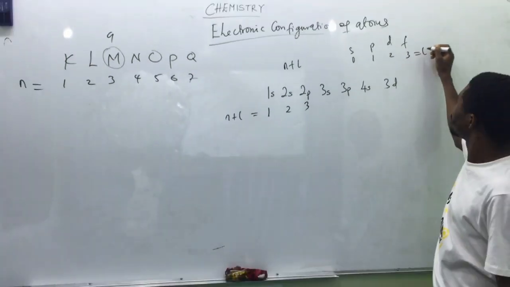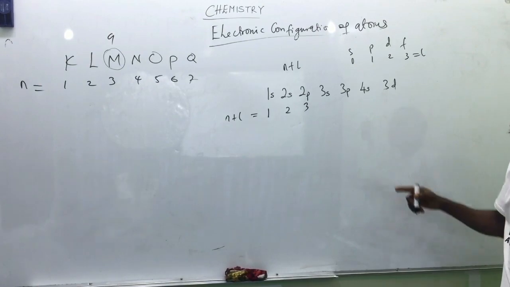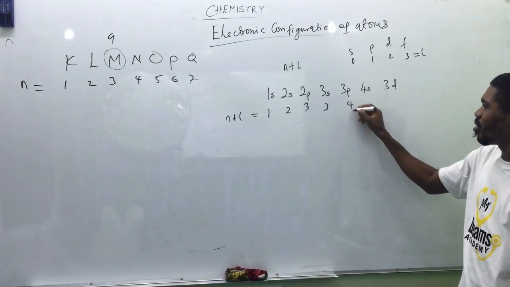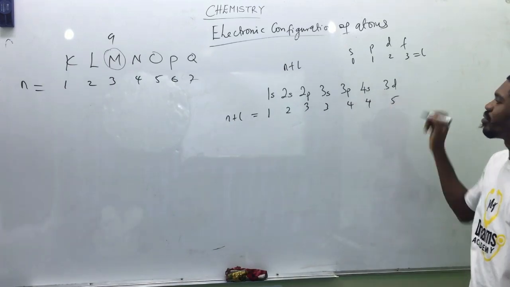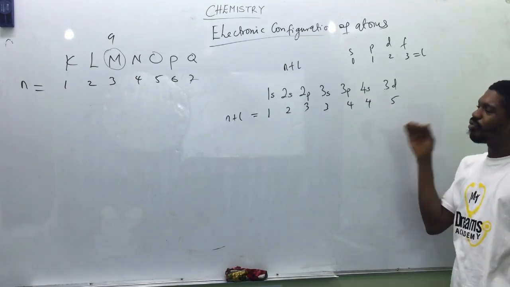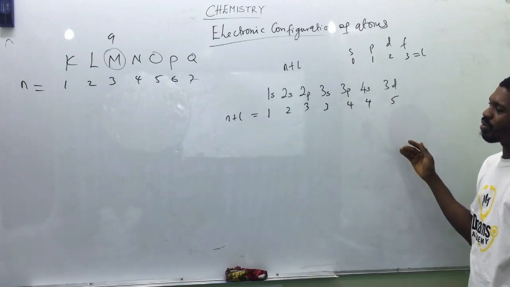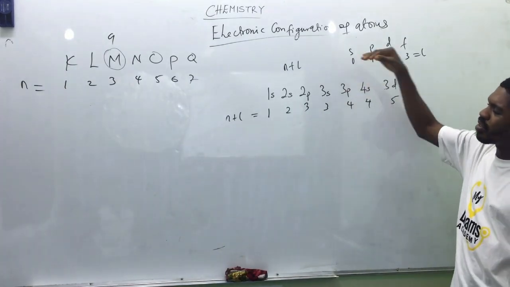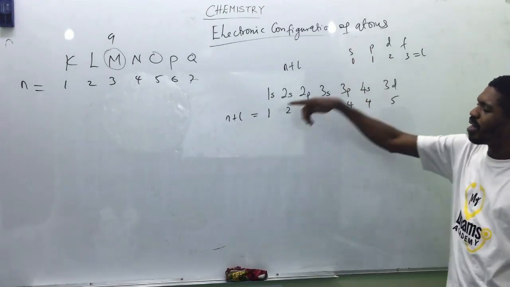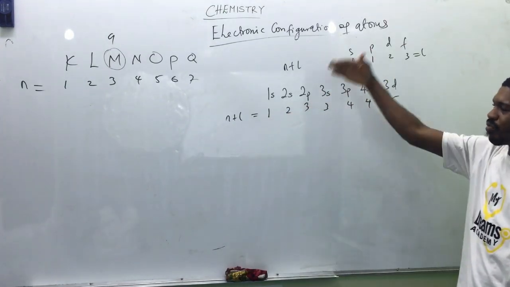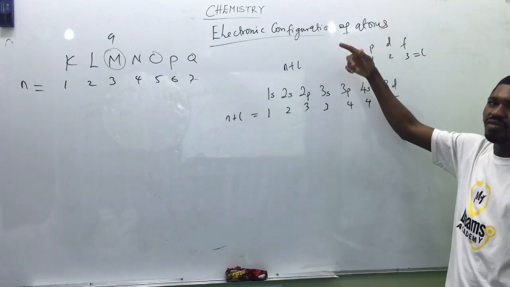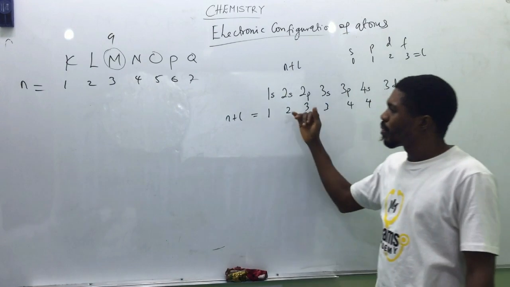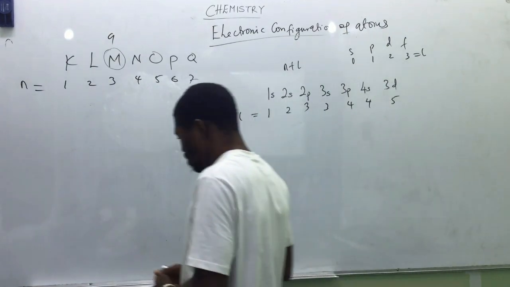These are the L values. Now, for this, it is 3. For this, it is 4, still 4, and 5. You have to fill electrons into subshells using increasing order of n plus L value, meaning that a subshell with a lower n plus L value should take electrons first before you give electrons to a subshell with a higher n plus L value. Okay? So now let's give some examples.